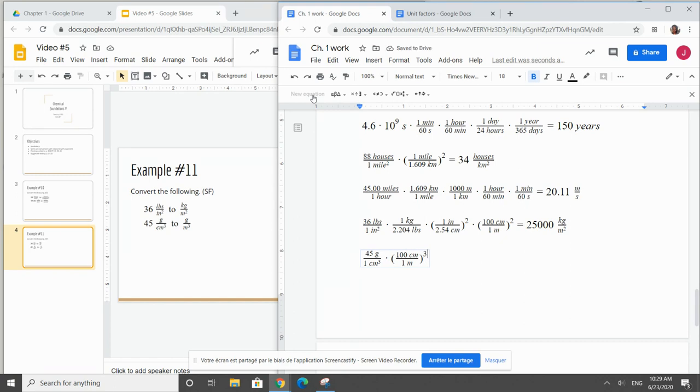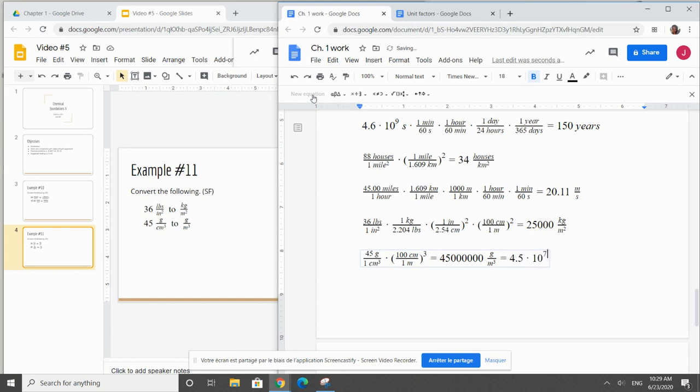And I have to cube my unit factor since centimeters is cubed. And so for this, I could do 4, 5, and then all of the zeros. Or I could put it in scientific notation if I wanted to.